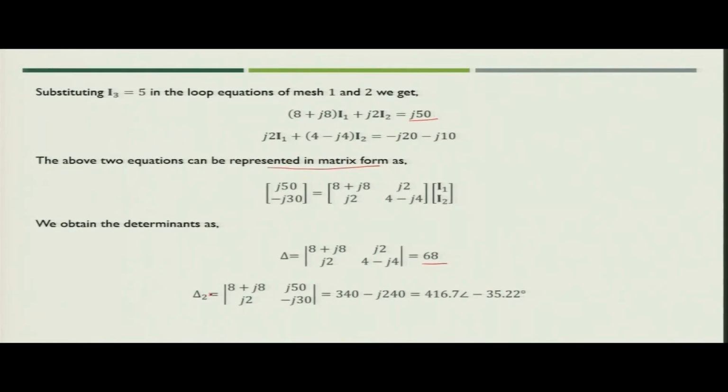Next, we need to find the value of delta 2, because we need to find the value of I2. For that, we will just replace this column with this column.